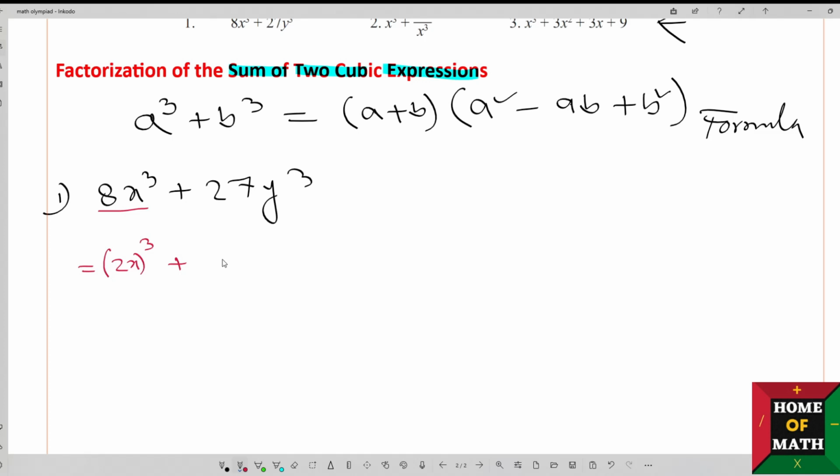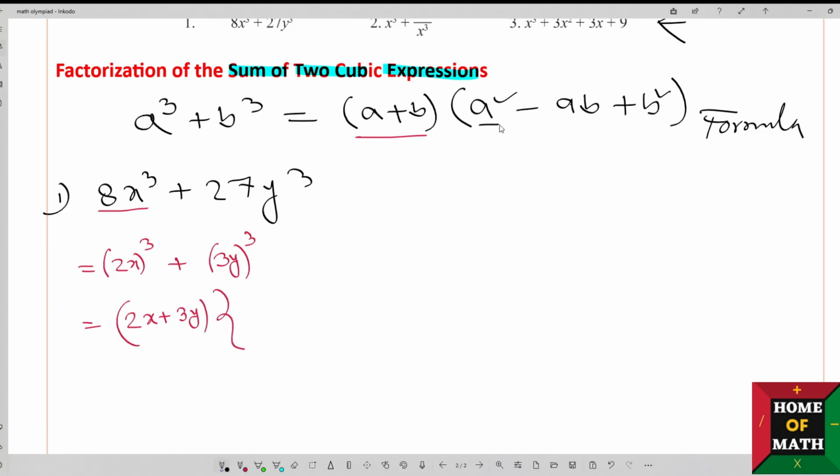For 27, we can write 3 and y, whole cube. So 3 cube means 27, y cube means y cube. So this is a cube and this is b cube. So we can write a plus b. A plus b means 2x plus b, b means 3y.